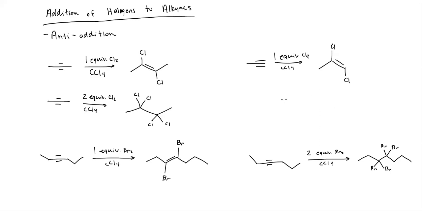That's it. And then if I used the same thing, but with two equivalents, then I would just add two chlorines on each one. That's it. Like I said, this is as difficult as this reaction is ever going to get. So if you understand this, then you're totally solid.